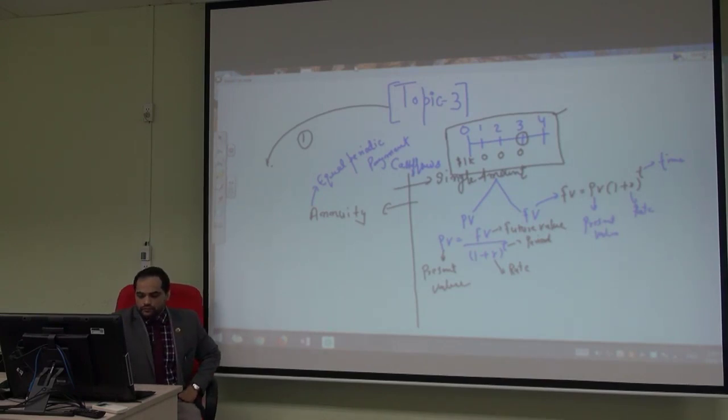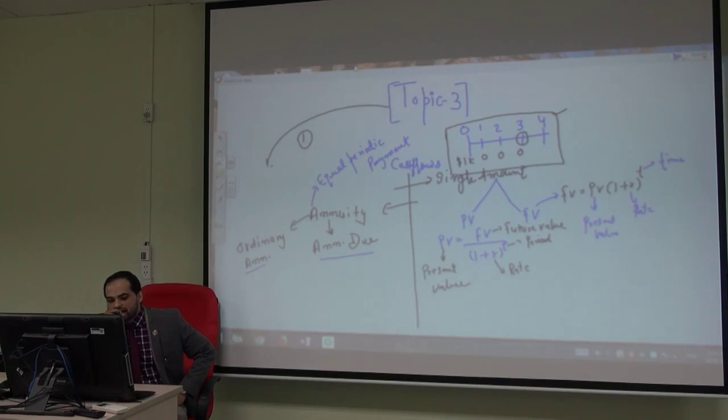So we have ordinary annuity, and we have annuity due. Alright? Now here, what is the difference between ordinary annuity and annuity due?